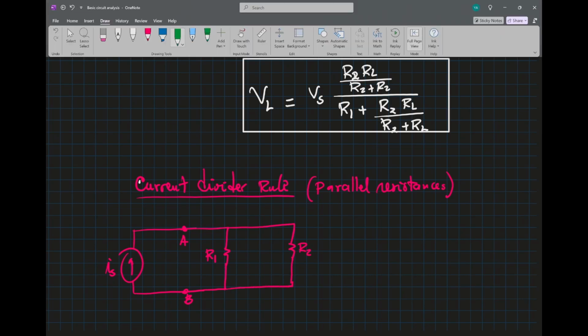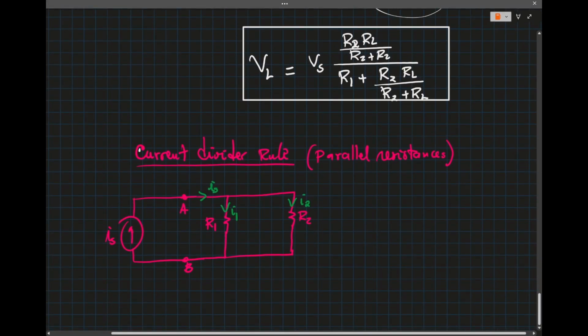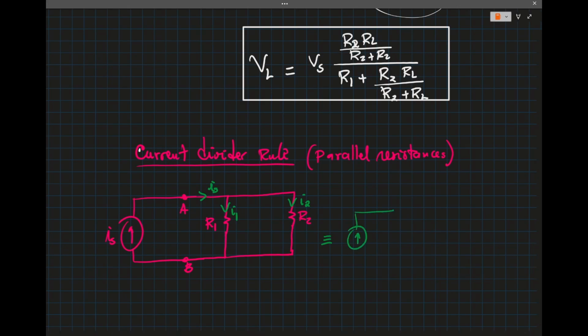Let's call this current IS, this current I1, and this current I2. Okay, so we know that this is equivalent to R equivalent here, and we have IS, which is R1 times R2 divided by R1 plus R2, because they are in parallel.